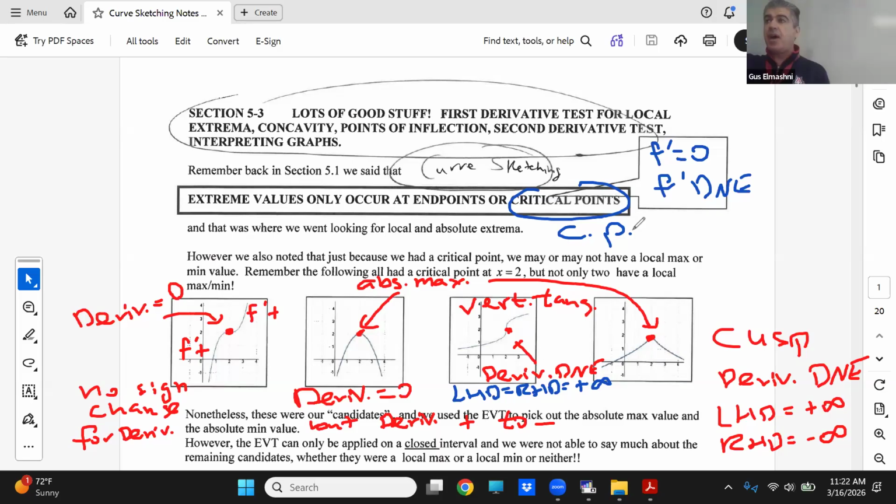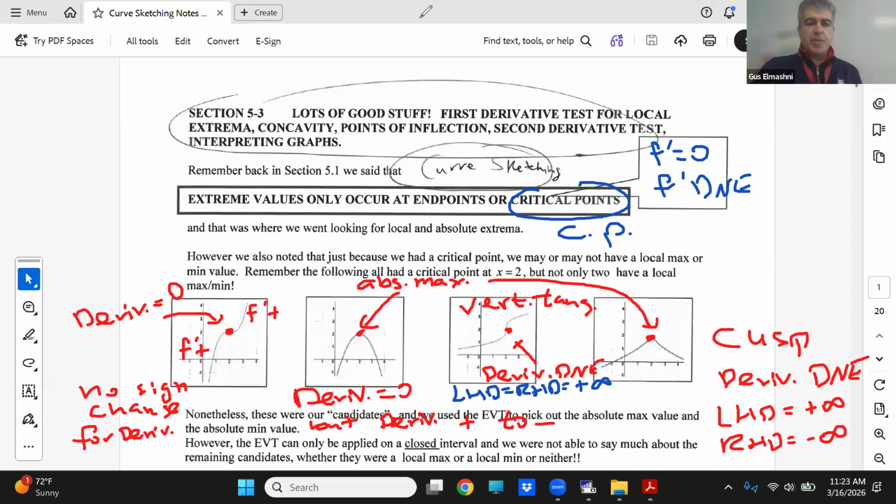And that's where we're going to see high points or low points or cusps or vertical tangents. Or the first graph is actually a horizontal tangent, believe it or not. Even though it doesn't graze the graph necessarily, it rests for a moment. It's kind of like you're going up a roller coaster, then you stop momentarily, and you keep rising. So there's no sign change in the derivative at that point.